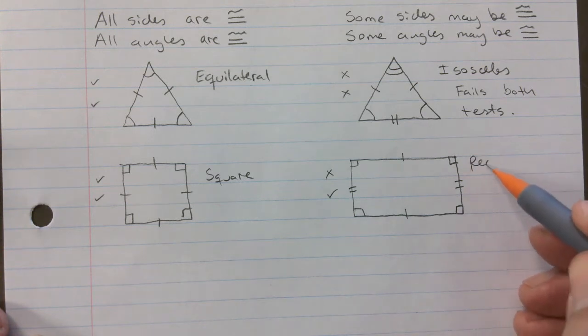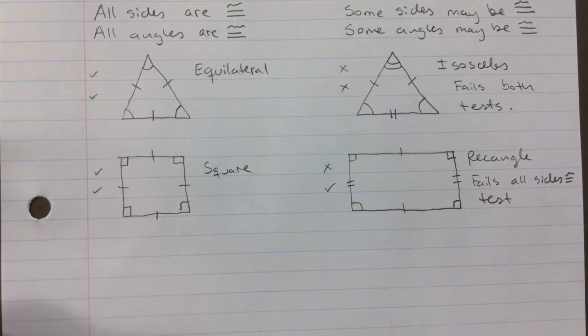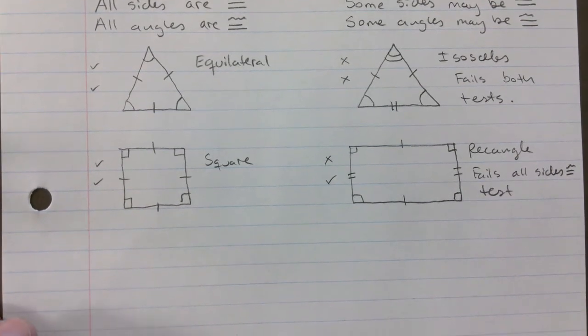So rectangle fails all sides congruent test. And the list goes on. We could do pentagon, hexagon, so forth.